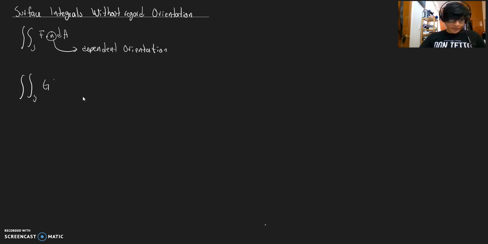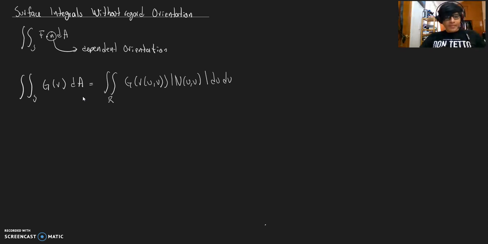where we have g of r dA equals, it's the same integral but now evaluated in the UV plane. So now we see that we are no longer taking into account the orientation of the surface, and that is also seen here because we are only obtaining the absolute value of this normal vector.